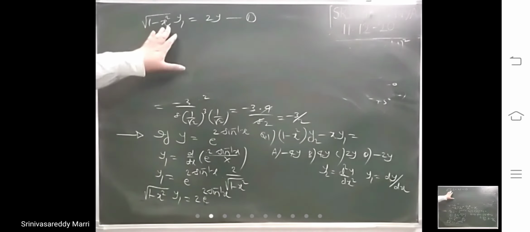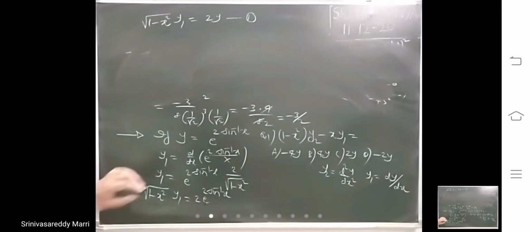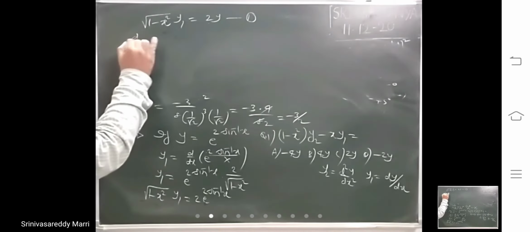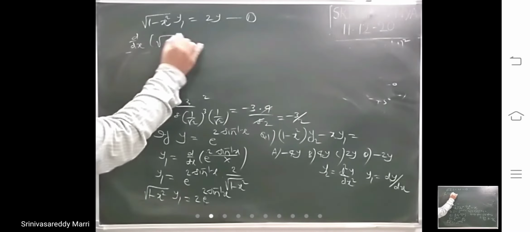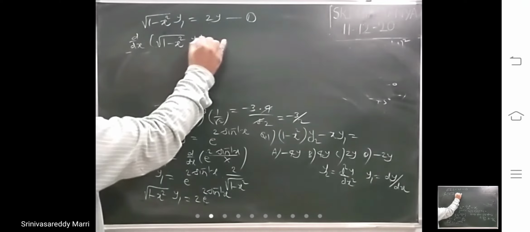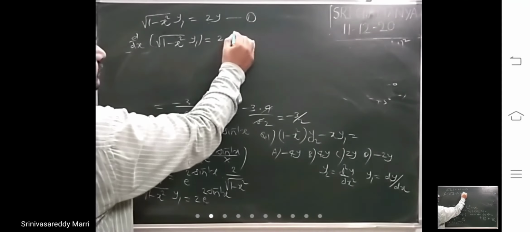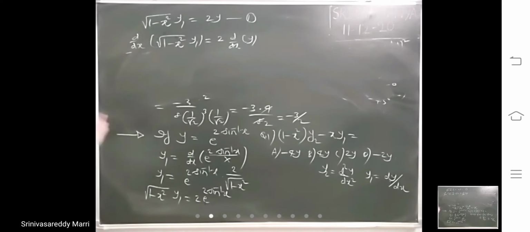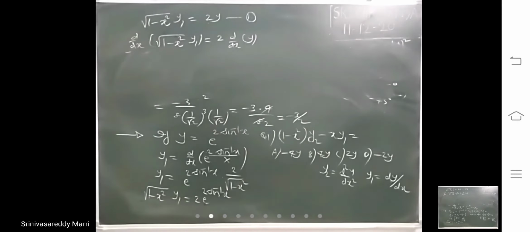This is the equation in first derivative. We want the second derivative. What we will do is, we will take the derivative of this equation on both sides. 2 is constant, d by dx of y.